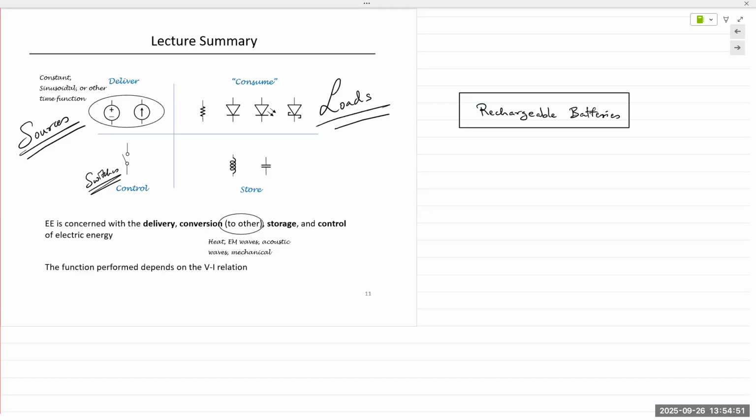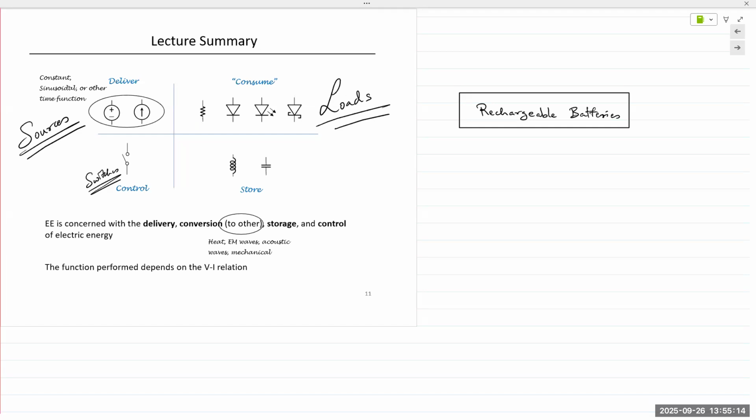Rechargeable batteries. The question being asked, is it a really, really slow capacitor? No, because it's not just parallel plates separated by an insulating material. A battery is something that is completely different. The batteries that we use function on the fundamental operating principles of electrochemistry.